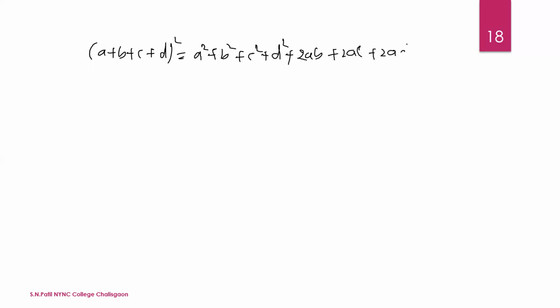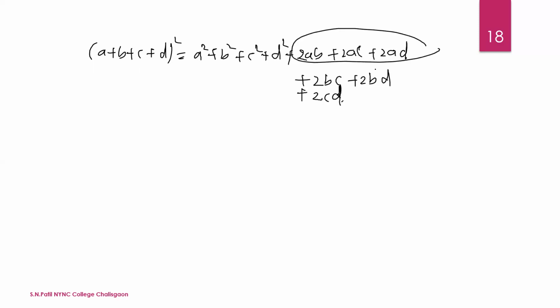Okay, that is (a + b + c + d) square is a square plus b square plus c square plus d square plus 2 times ab, 2 times ac, 2 times ad, plus 2 times bc, 2 times bd, now plus 2 times cd.